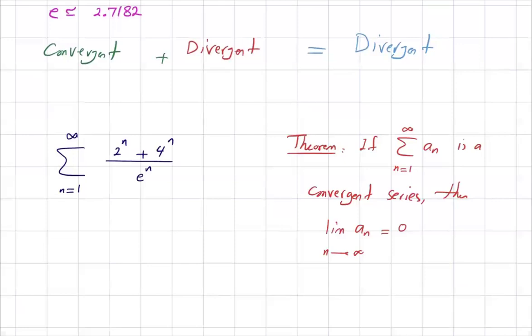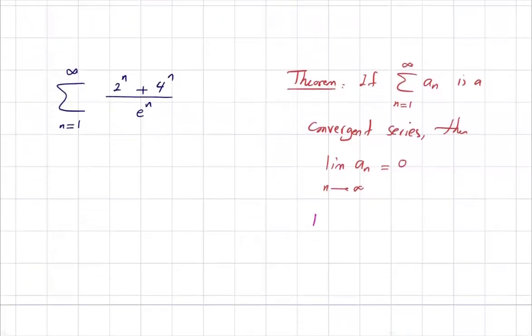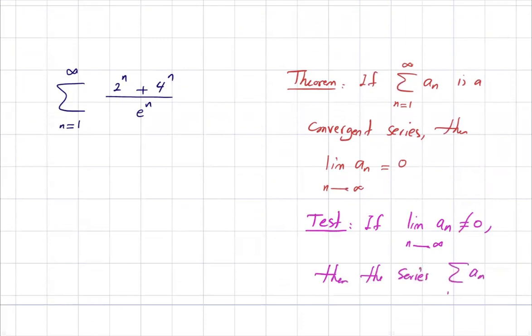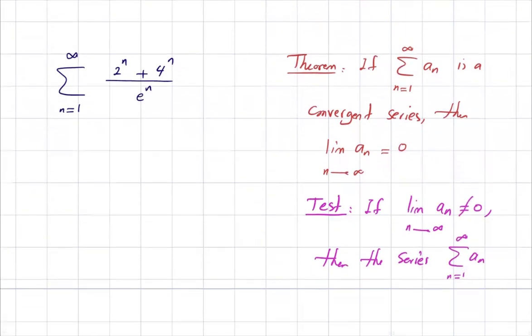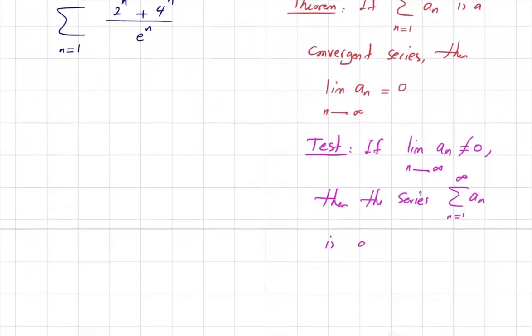From that, we introduced a test of convergence, which is the contrapositive. It says if the limit of an as n goes to infinity is not 0, then the series summation of an, n starts from 1 goes to infinity, is a divergent series.